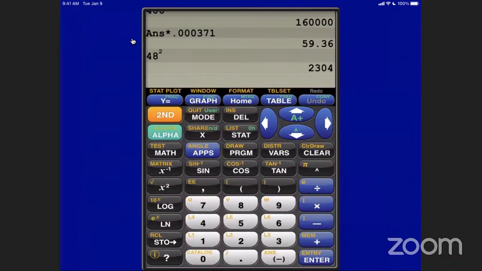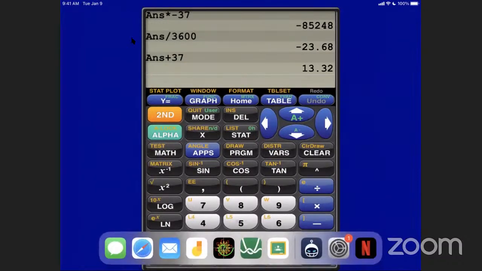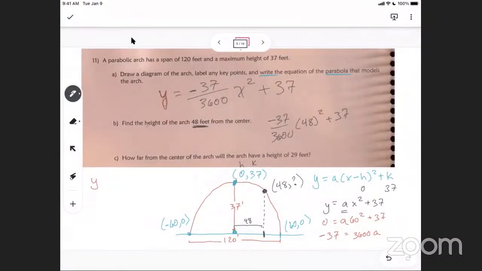Then I would multiply that by 48 squared, and then plus 37. So 13.32 is my height. 13.32 feet. Unless I punched something in wrong there. Seem about right? Yeah. Awesome.